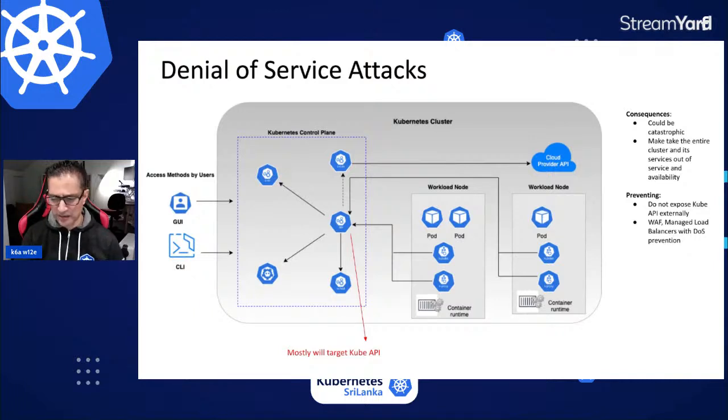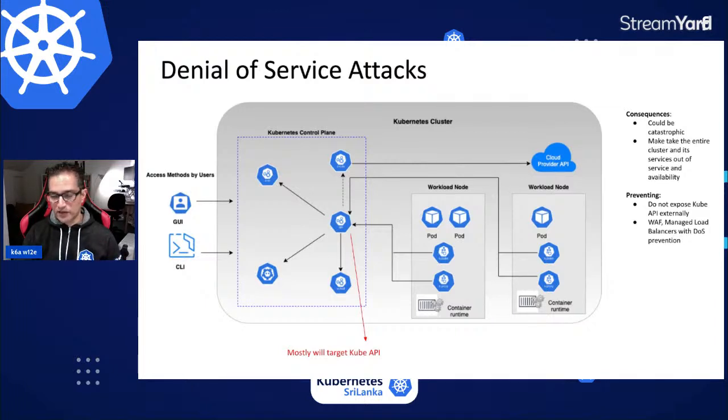But the last time I checked, DigitalOcean did not have a firewall behind the Kube API. However, you could have authorized IPs that can connect to that API. Minimally do that if you're using DigitalOcean or other services where you can't put in a private VPC.